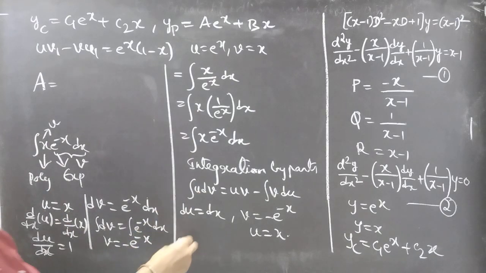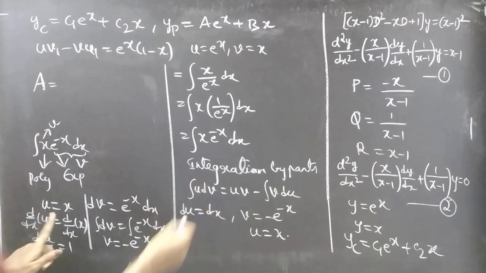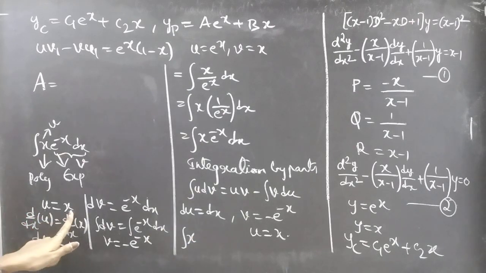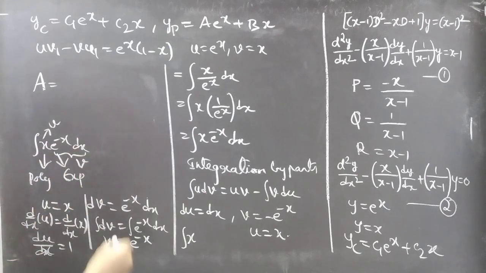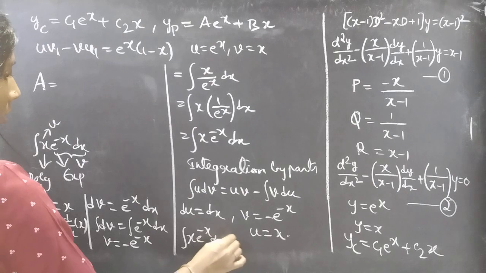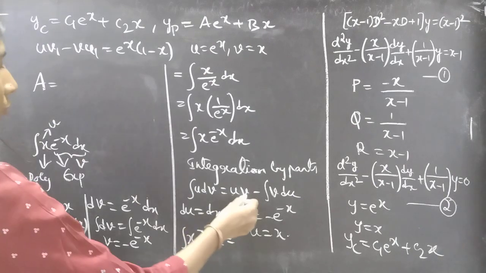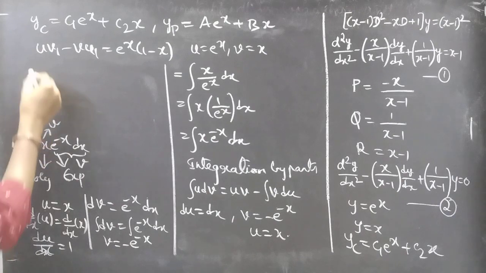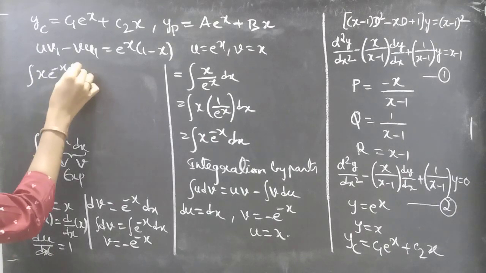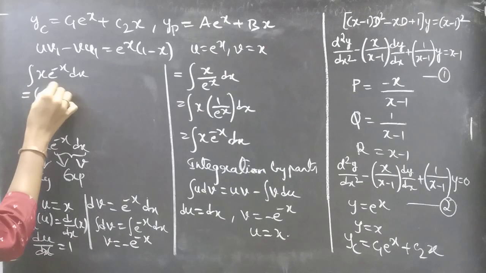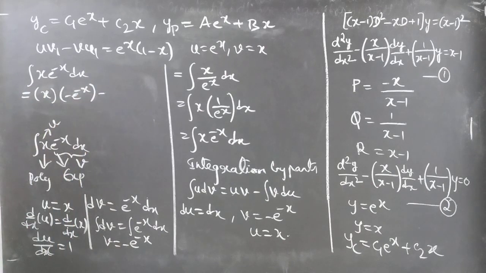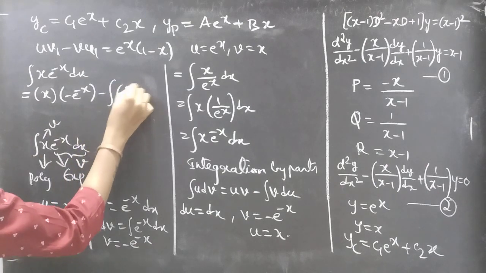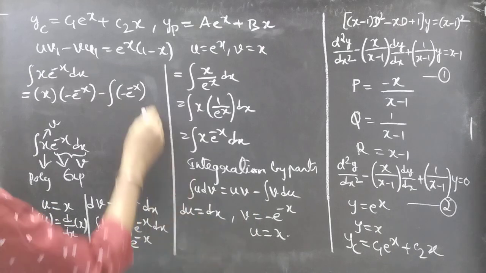So now applying this formula, we'll get integral u, which is x, into dv, which is e power minus x dx, equal to uv minus integral v du, where du is dx.